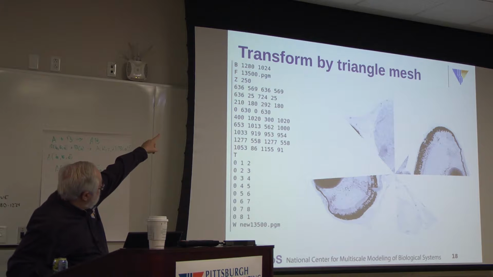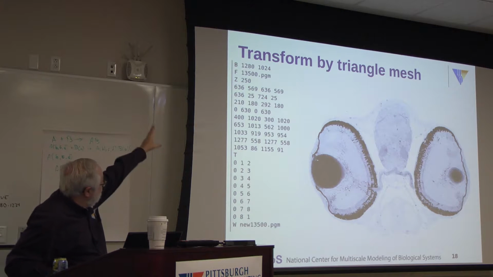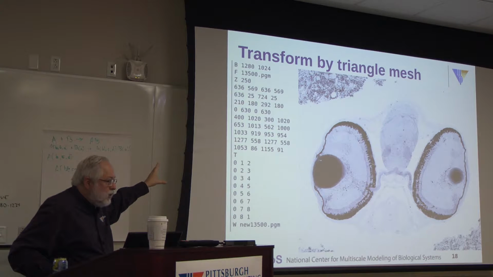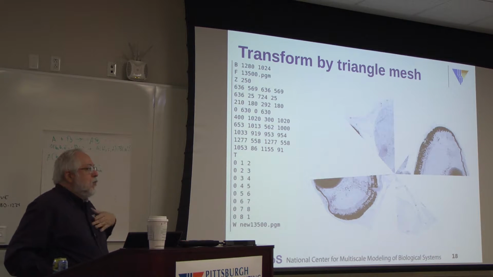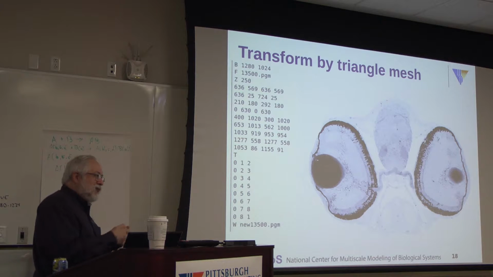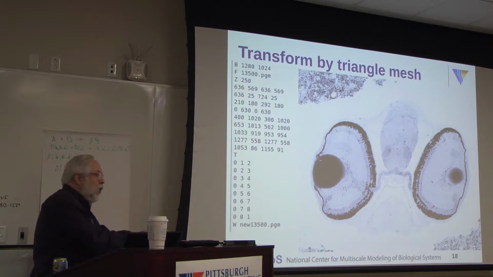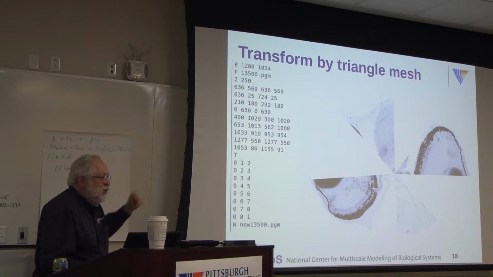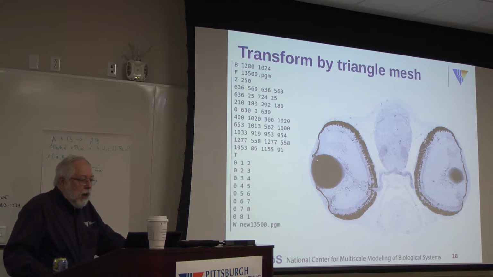The description of that is all these numbers on the left that describe the position of the triangle vertices and so on. This is the data that would change if I go from today's registration to an improved one tomorrow, or maybe I need a lot more triangles. Typically, this is just a handful to show you the example here.